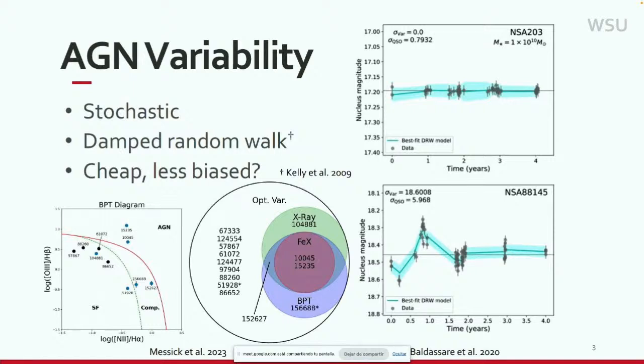And then in the center, we have a Venn diagram from my 2023 paper in which we looked at 14 photometrically variable objects, and we followed them up in the X-ray and a few other AGN detection methods. As you can see, there were only 2 of the 14 objects that were detected by all of the methods we used, whereas the majority of them were only detected using the photometric variability.